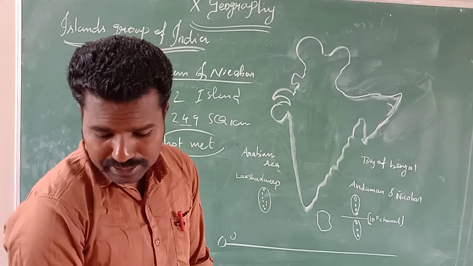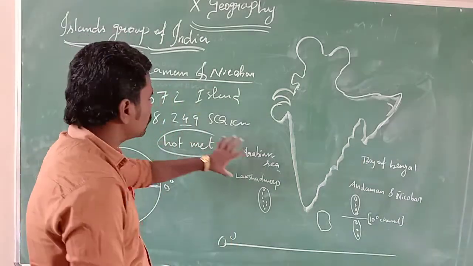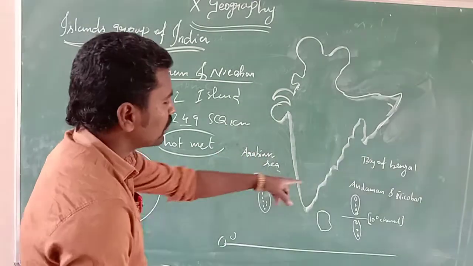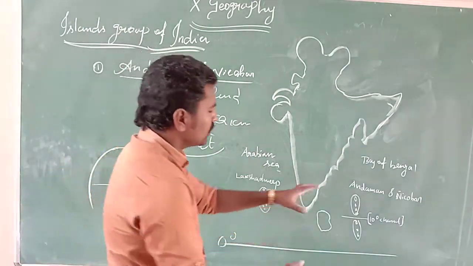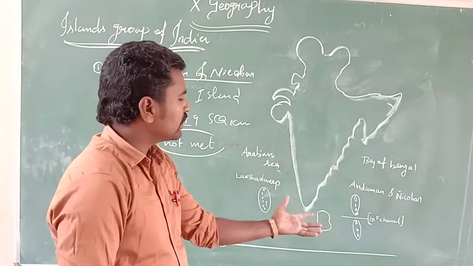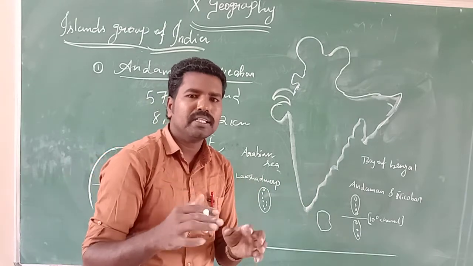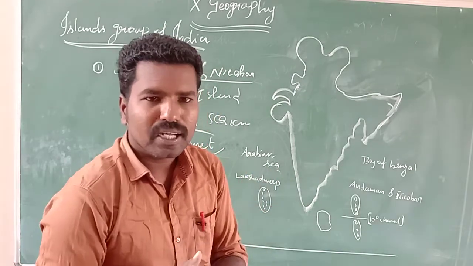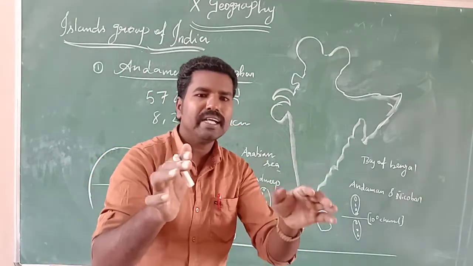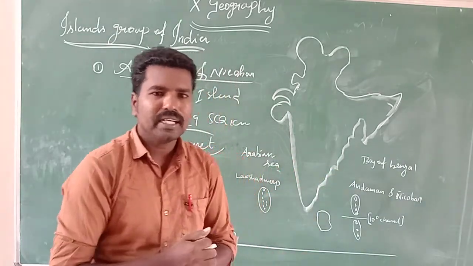And not only that, these islands are the elevated portion of submarine mountains, because the mountains appear above the water. What is an island? You know very well. An island is a piece of land surrounded on all sides by water.